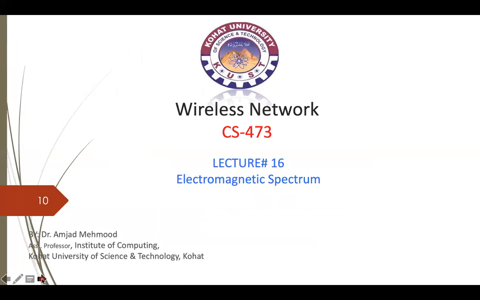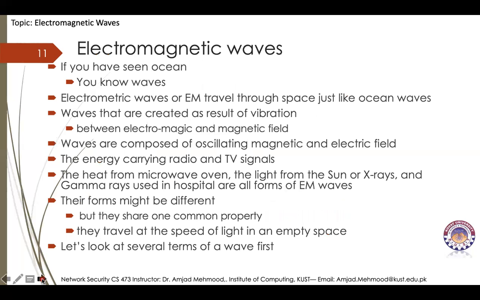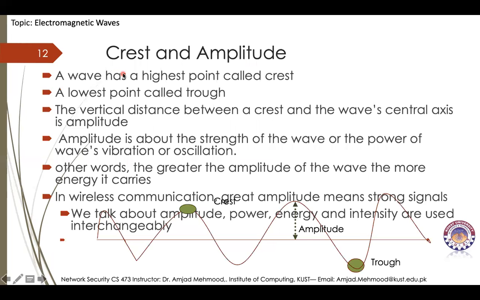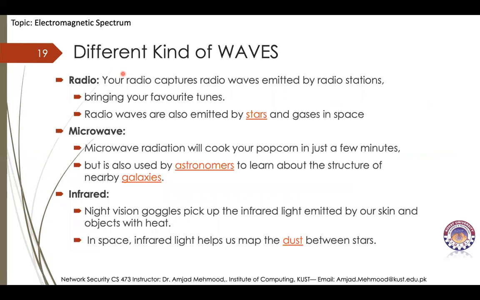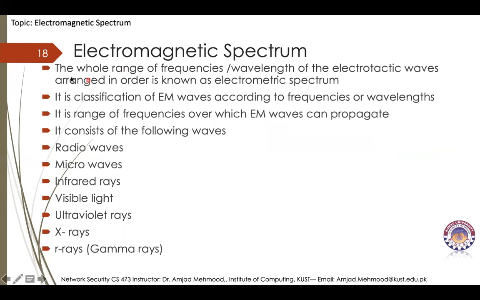Now come to lecture number 16, which was on the topic of electromagnetic spectrum. Electromagnetic waves. Now come to electromagnetic spectrum. The whole range of frequencies or wavelengths of electromagnetic waves arranged in order is known as electromagnetic spectrum.